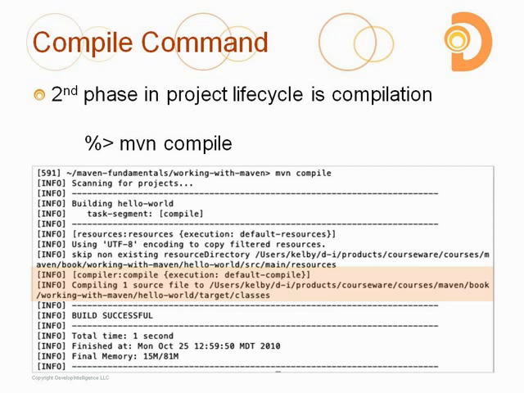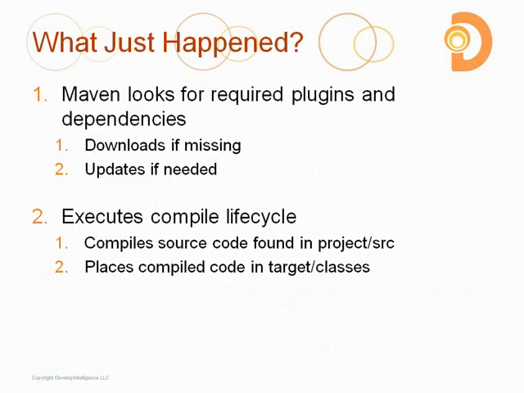So you can see here, when we look at the output, the compile lifecycle is just going to build a single class because we only had one single class in our source tree at the moment. It does not build the test classes, and the reason there is that testing is its own separate lifecycle in Maven.